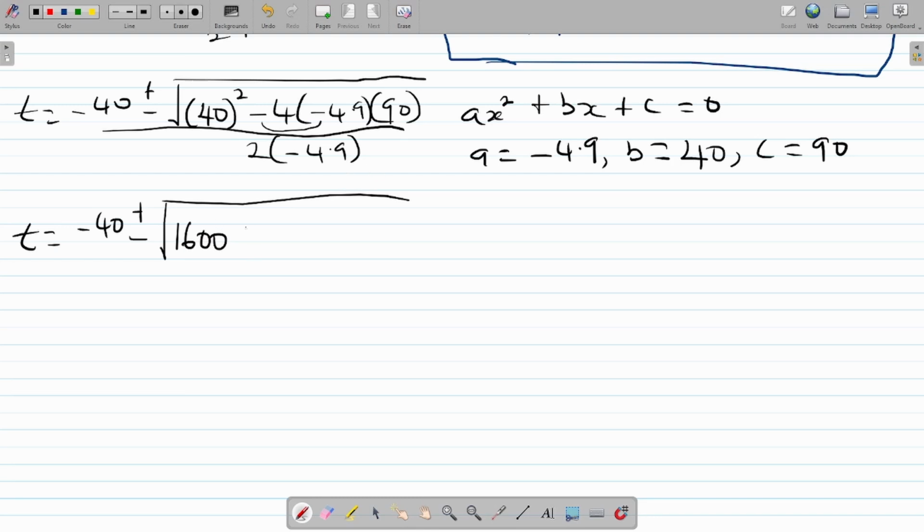What do we have? We have plus 1764, all over negative 9.8, because 2 times negative 4.9 will give you negative 9.8. Let's add these two terms together. Here we have 1600 plus 1764. What do we get? We get 3364. So we have that t is equal to negative 40. Okay, let me do it down here.